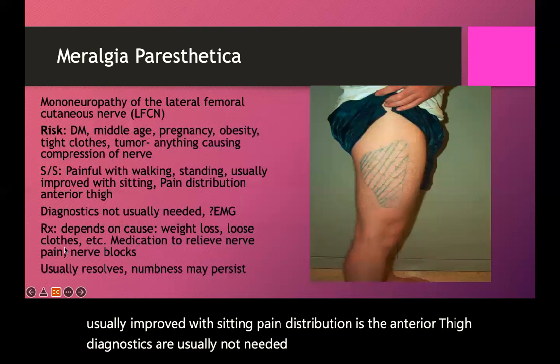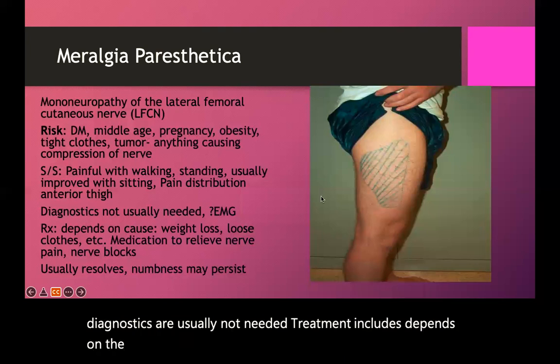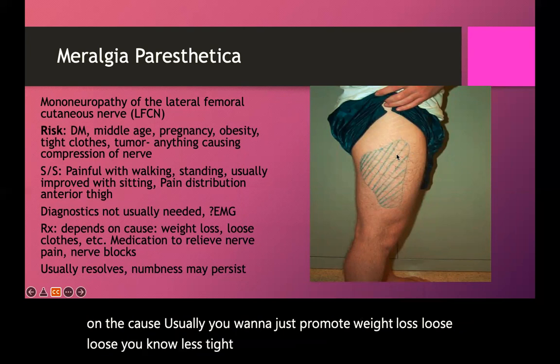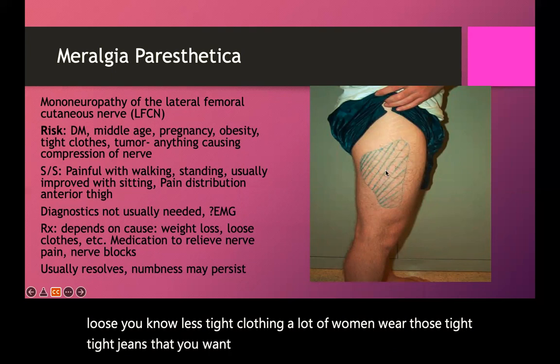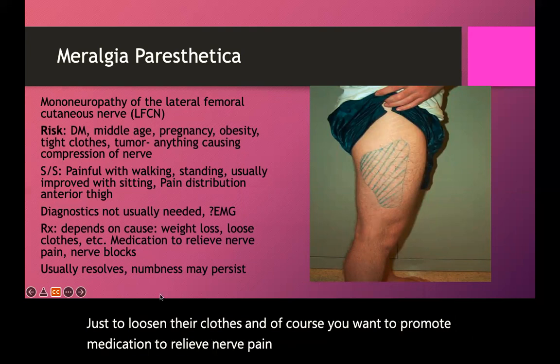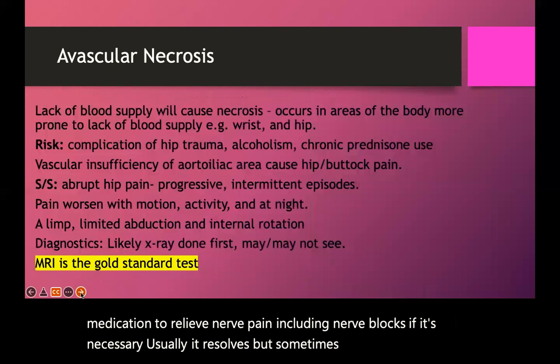Treatment depends on the cause. Usually you want to promote weight loss and less tight clothing. A lot of women wear those tight jeans, so you want to promote loosening their clothes. And of course you want to promote medication to relieve nerve pain, including nerve blocks if necessary. Usually it resolves, but sometimes the numbness does persist.